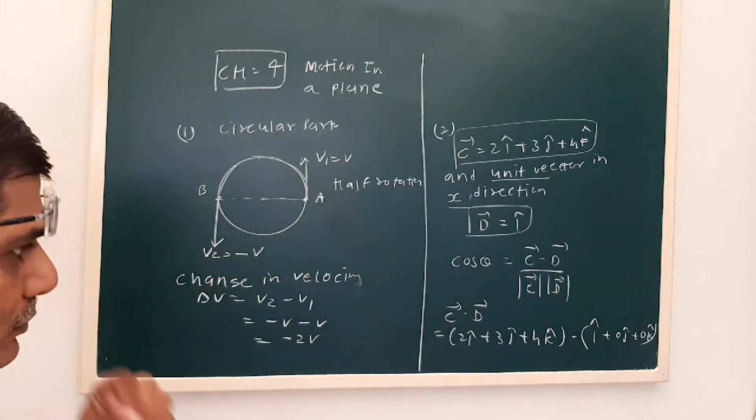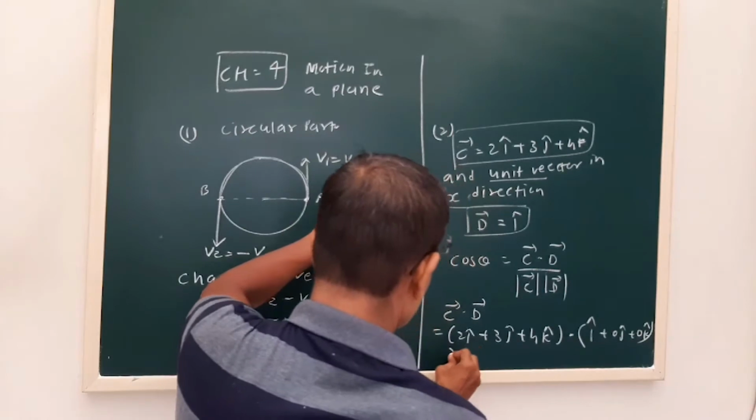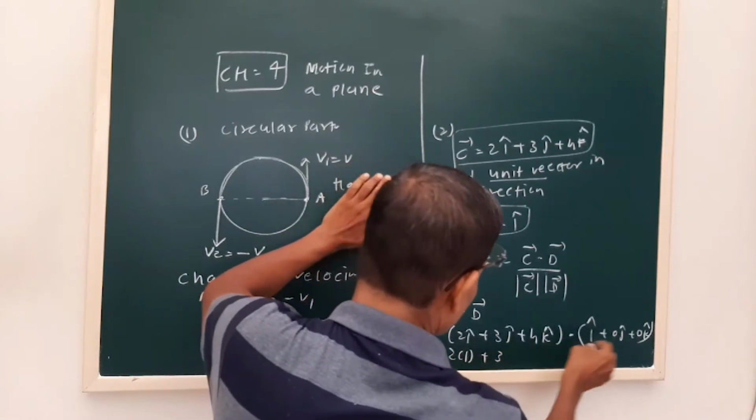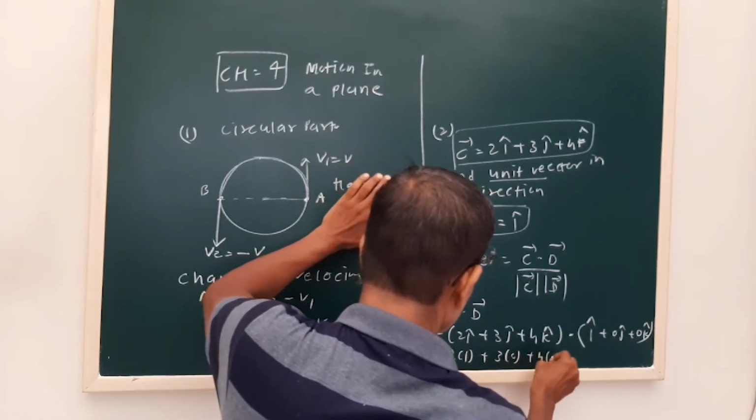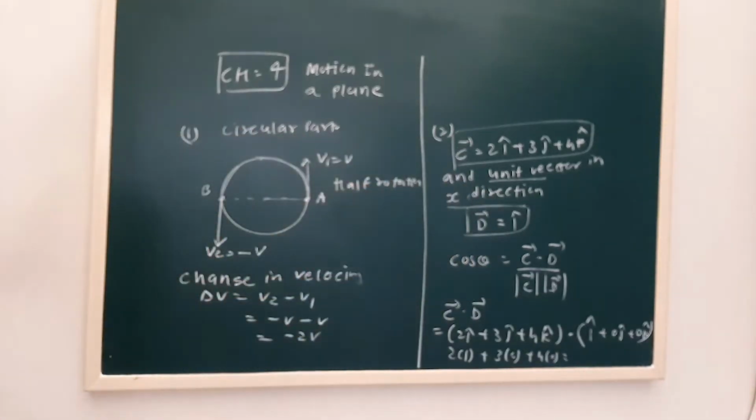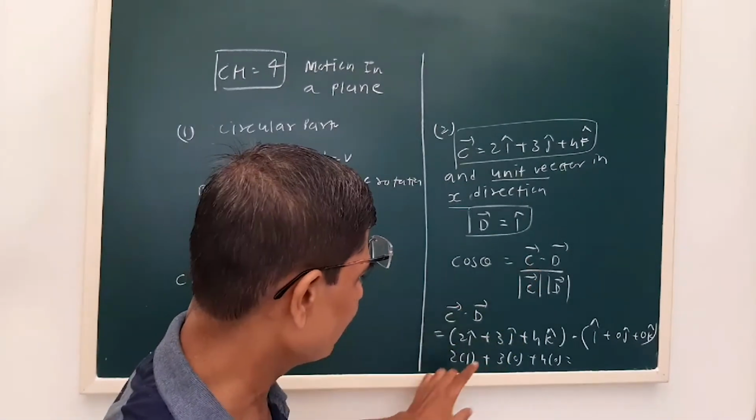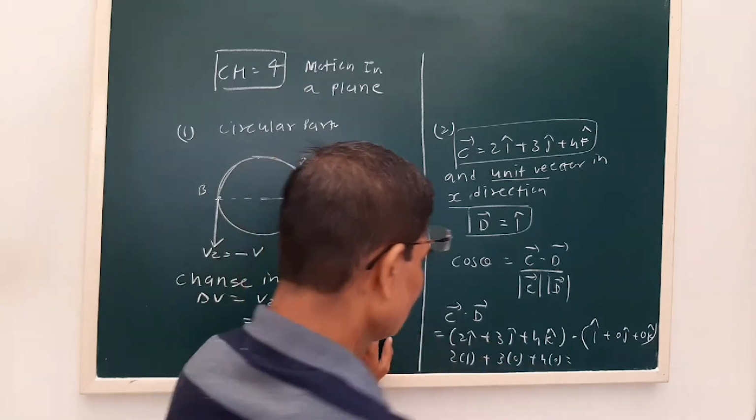So this will be 2 into 1, 3 into 0, so C dot D is 2.